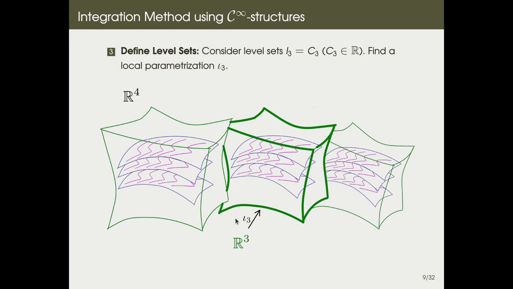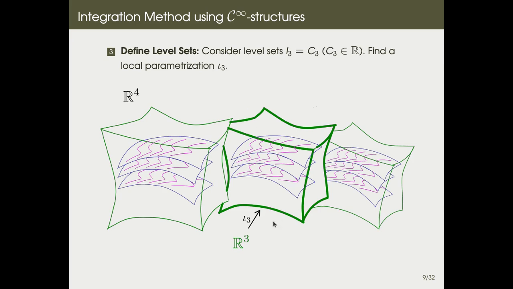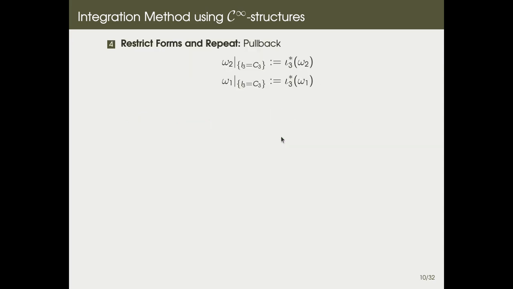With this parameterization, we can go inside this particular level set. And how do we go inside? Well, we restrict our one-forms omega 1, omega 2, and omega 3. Omega 3 is 0 when restricted to this, because this is the definition of this level set.